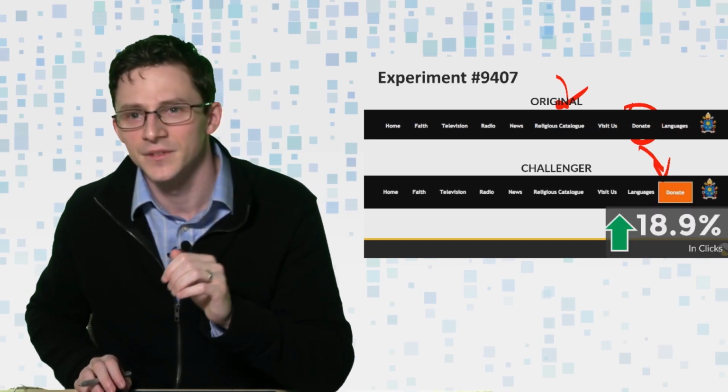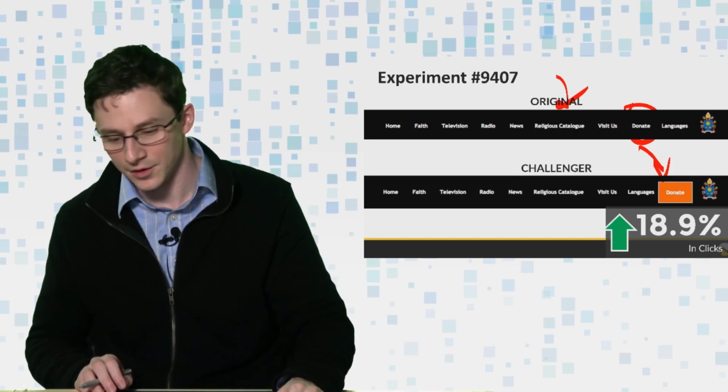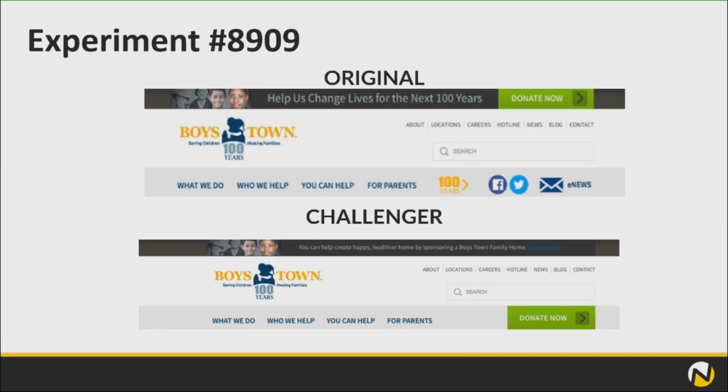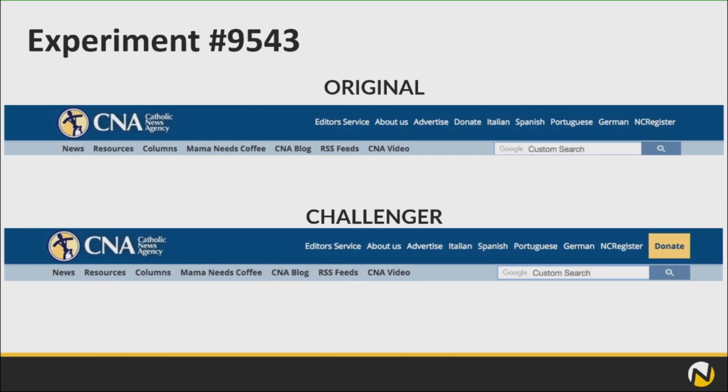Guess what? 18% increase in clicks. Okay? Or 19, actually. Next, this experiment. It's in a banner, and then the organization brought it down. Check it out. By making it more visible, 37% more clicks.